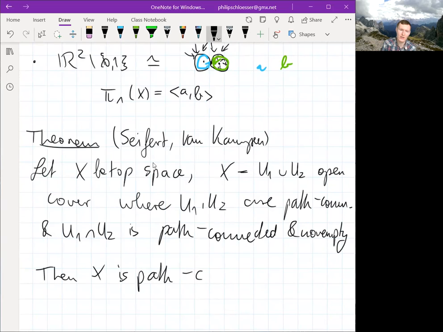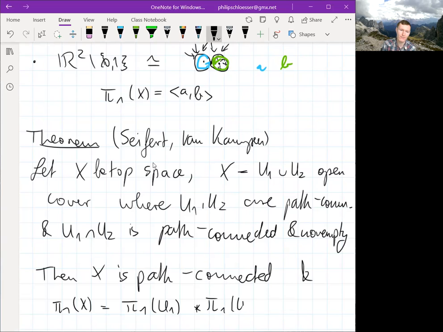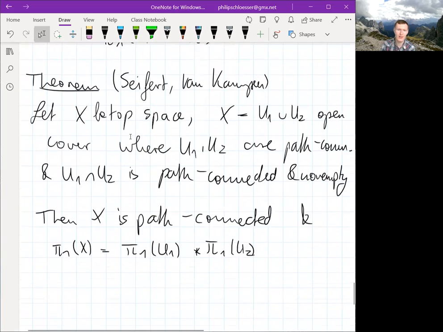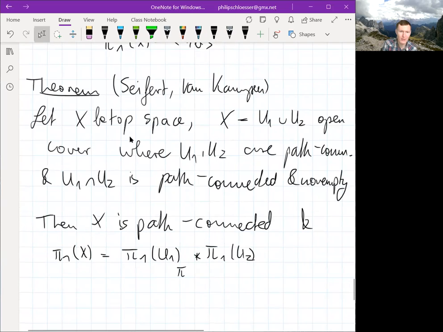And the fundamental group of X can be described as the amalgamated product of the fundamental groups of U1 and U2, amalgamated over the fundamental group of U1 intersection U2.